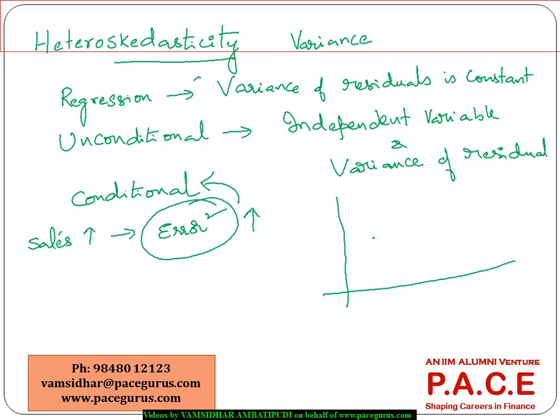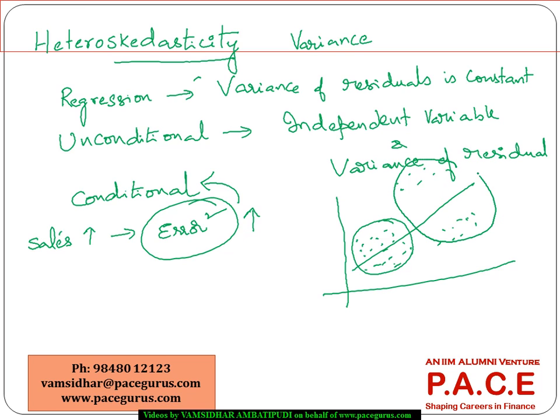Now let's say I have a regression equation like this. So let's say some of the points which I have, especially for lower values of x versus higher values of x. Now if I am seeing here, the variation is much smaller. Whereas as the x is increasing, the variation has gone up from the regression equation quite heavily.